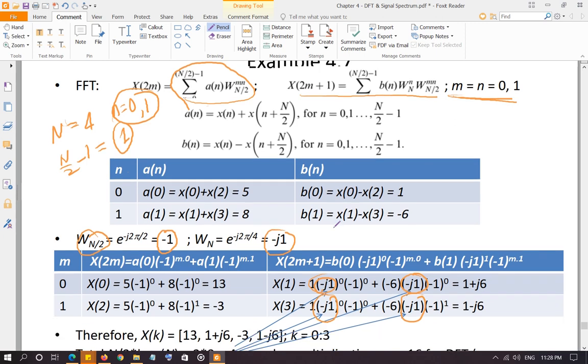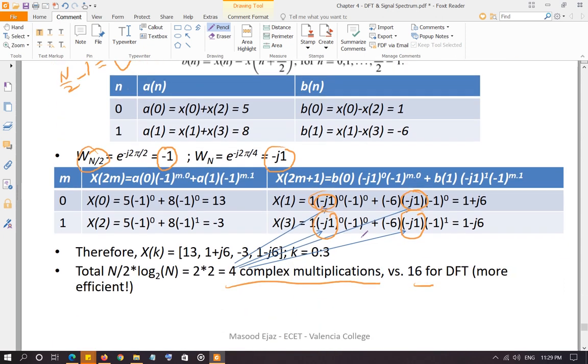And this is the method that you're using for the FFT algorithm using the frequency decimation method, decimation in frequency method. So if I ask you to use the FFT algorithm, decimation in frequency, which is the only algorithm we are studying right now, if I ask you to show me the work using the FFT algorithm, you are using decimation in frequency, remember that.